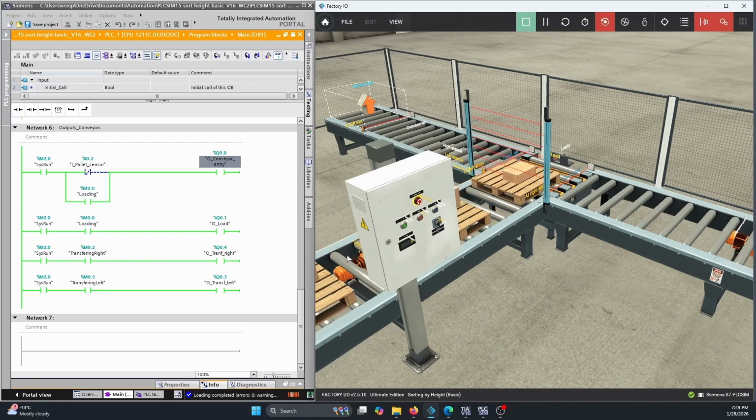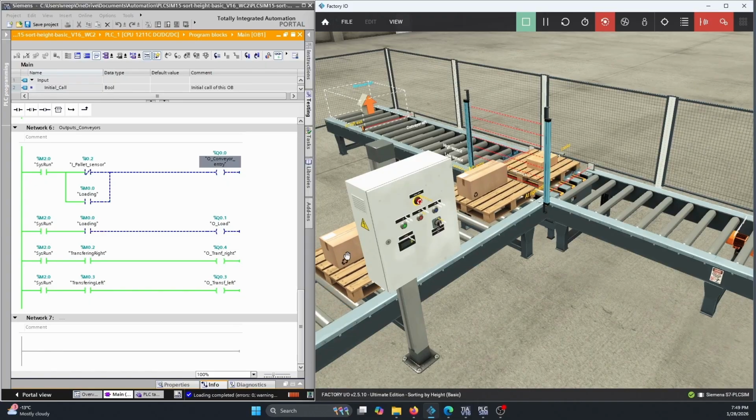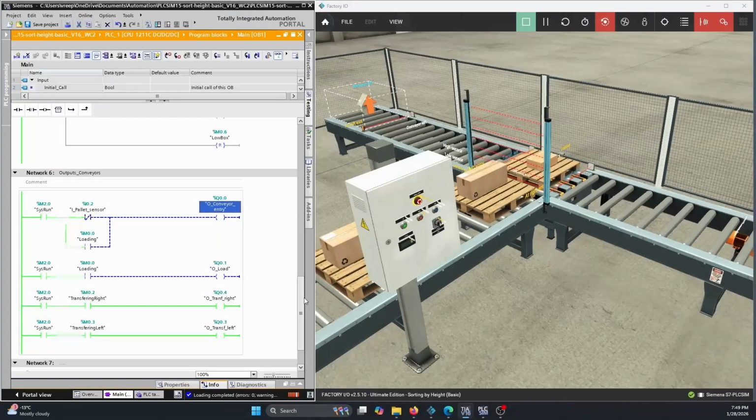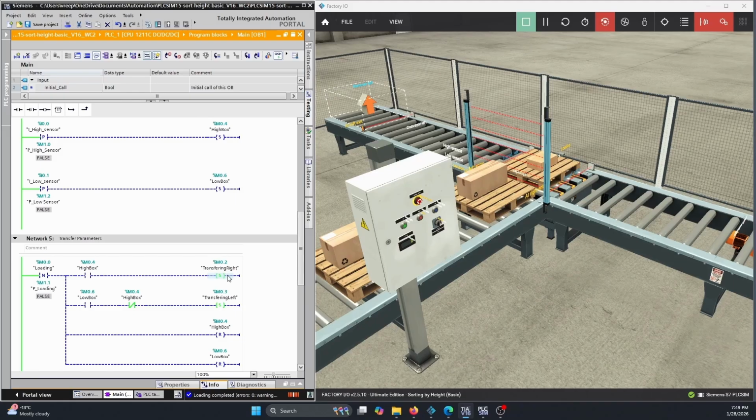Okay, so it looks like both are set at the moment, right? So both the transfer right and transfer left are both set because we were messing around with everything, right? We don't have anything to reset them yet. And the only thing that's going to reset that in truth is when the palette actually goes by either this sensor or this sensor.